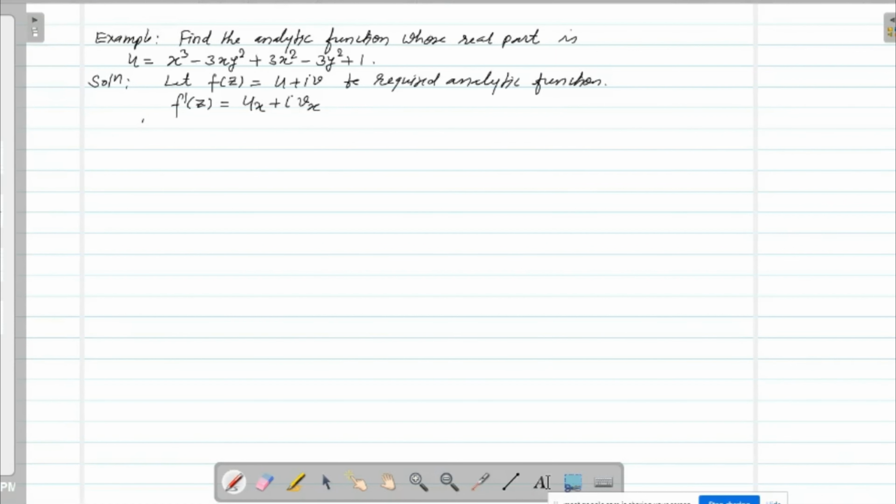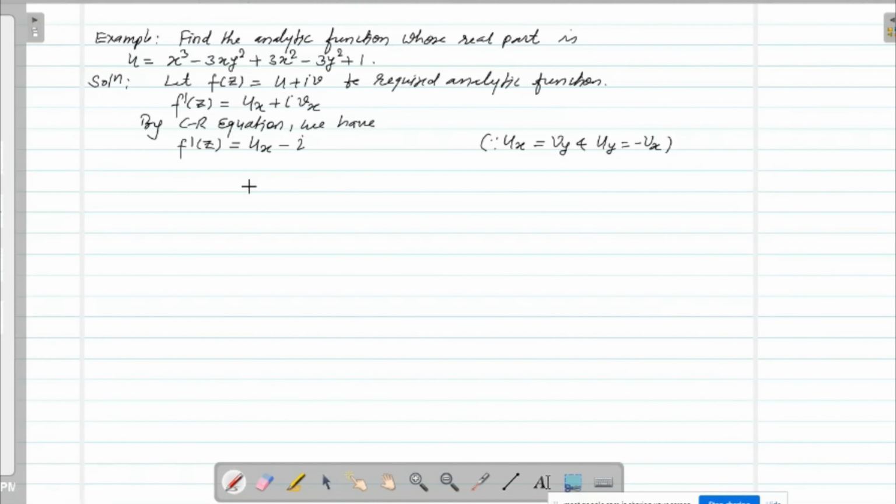But by the CR equation, we have f dash of z equal to ux minus i times uy. The CR equations are ux equal to vy and uy equal to minus vx.